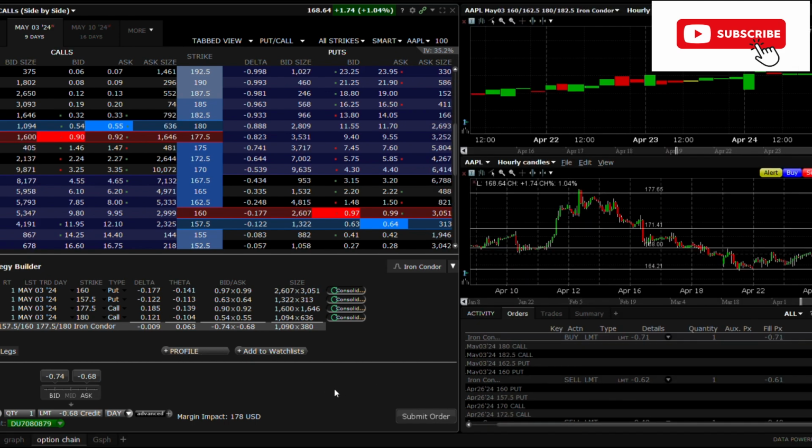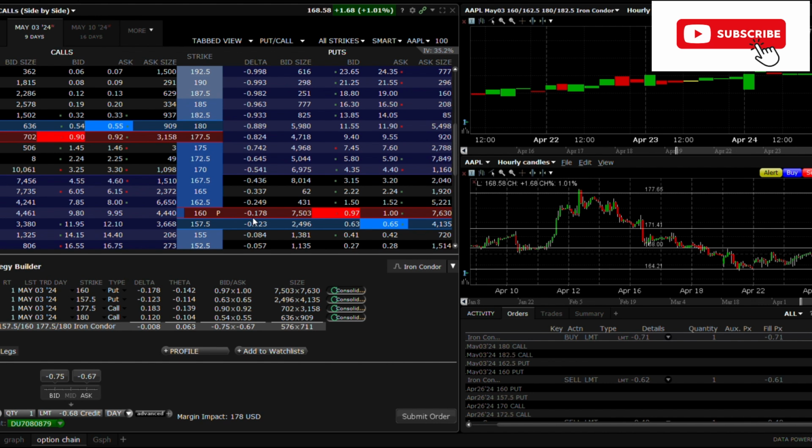Again, I'm not going to do the same execution of this Iron Condor, but I just want to show you how to select strikes based on the delta values. So basically they take almost the same delta on both sides, so that the stock will not go up and down at the same time. Either it will go up or it goes down.